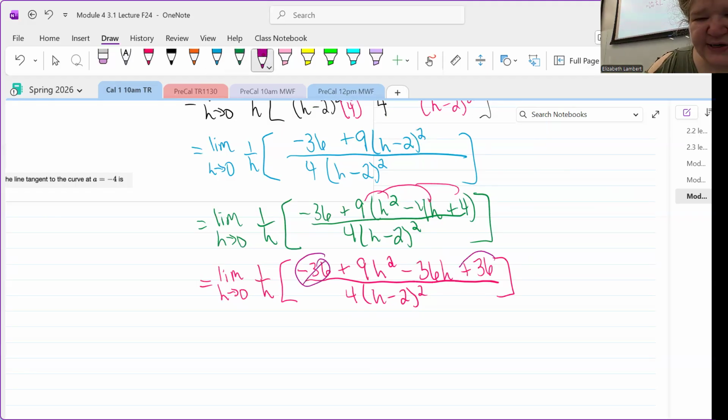So that negative 36 cancels out that positive 36. And now the other two terms left on top both have an h. So I'm going to factor that h out. So that's h times 9h. 9h times h is 9h squared.